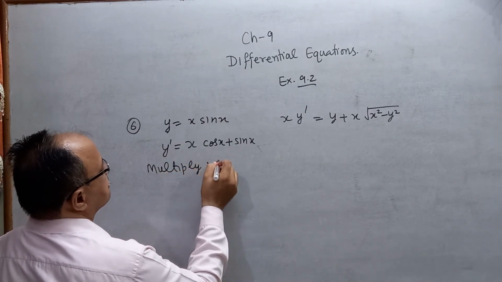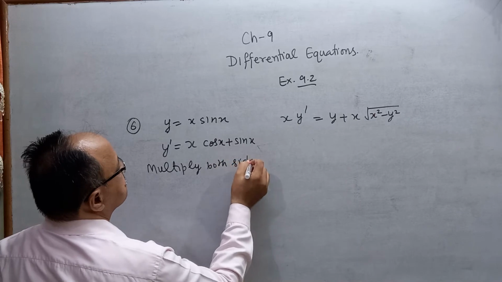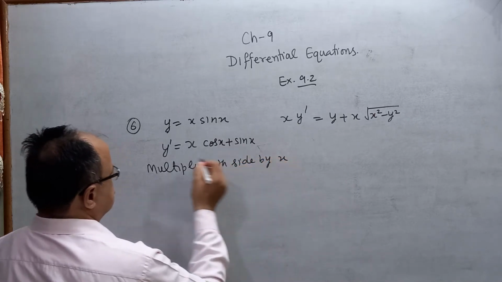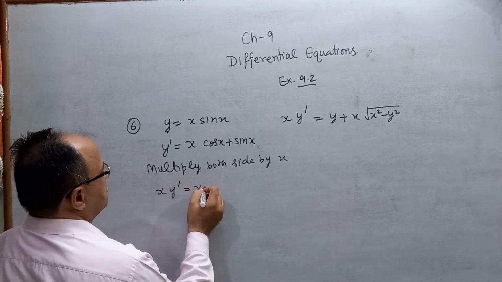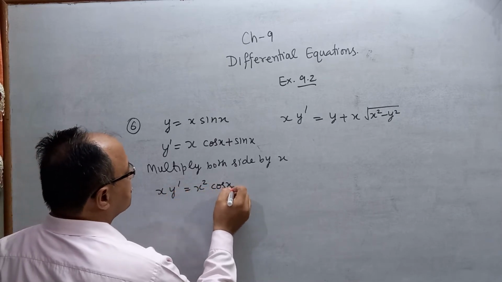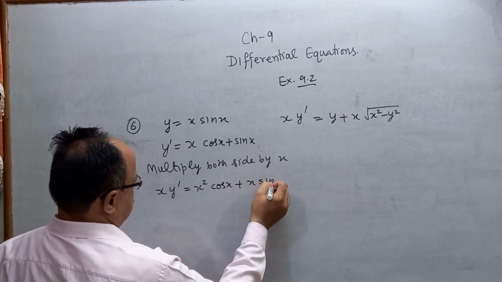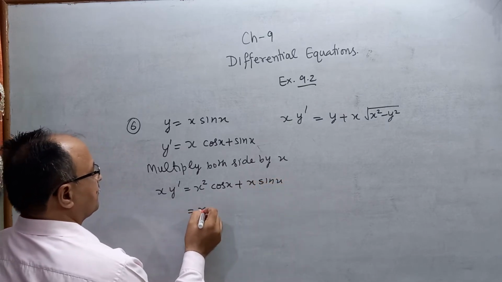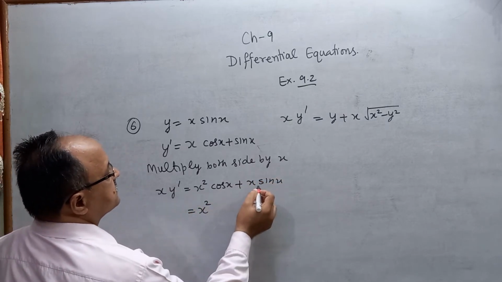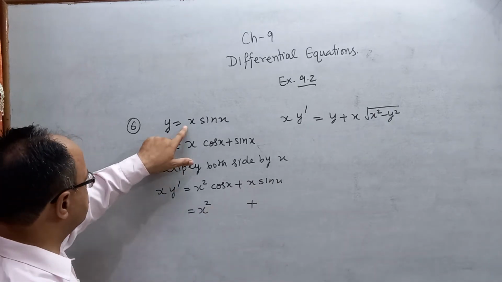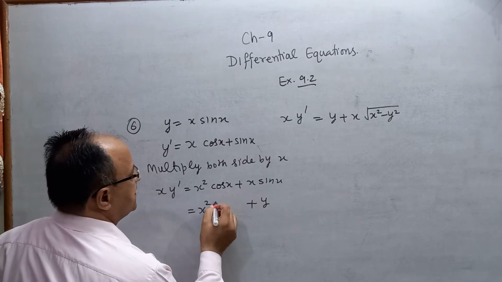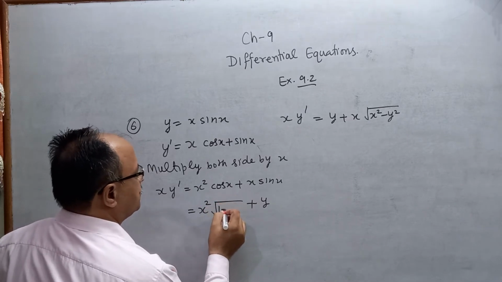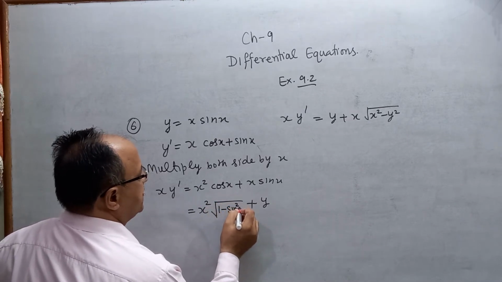Multiplying both sides by x, then x y dash is equal to x square cos x plus x sin x. And what is the value of this? x sin x is y, and in this case you can write x cos x as x square root of 1 minus sin square x.